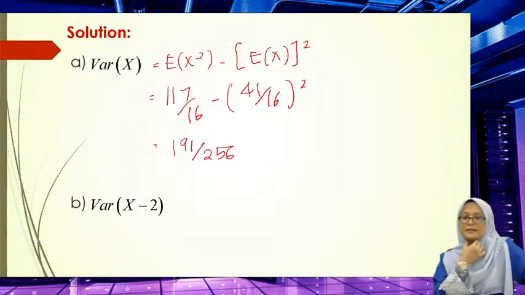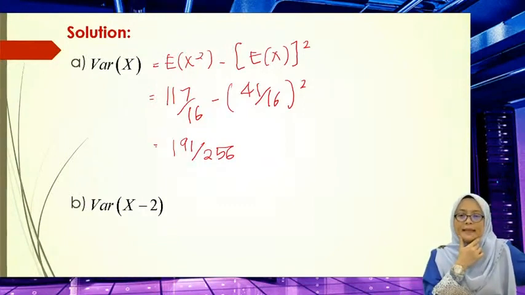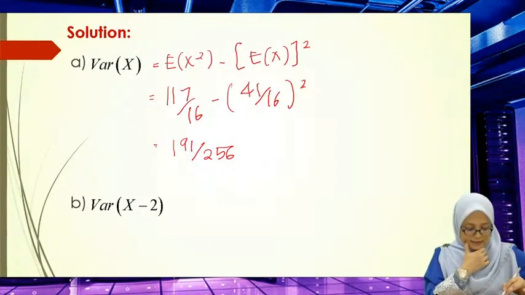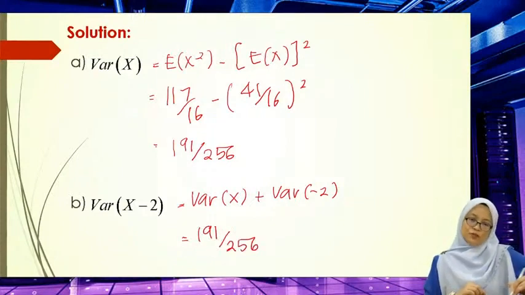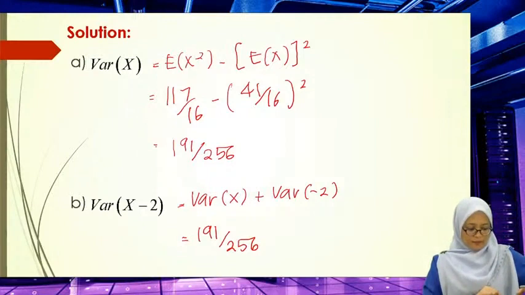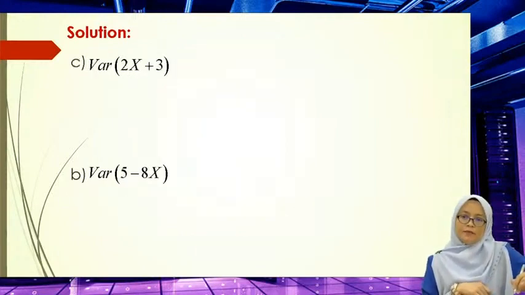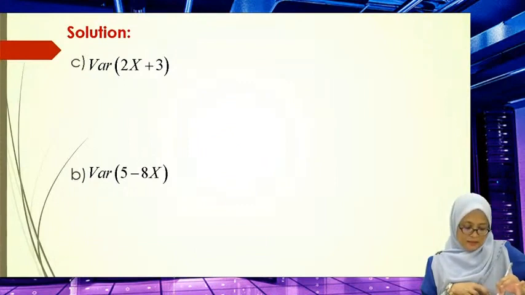Okay, so then variance of x minus 2 kita akan apply properties tadi lah. So variance x plus variance negative 2. So variance x tadi 191 over 256. So ini variance negative 2 constant jadi 0. So you akan dapat nilai yang sama. Okay, so then kalau you ada variance 2x plus 3 sama juga you ada variance 2x plus variance 3.